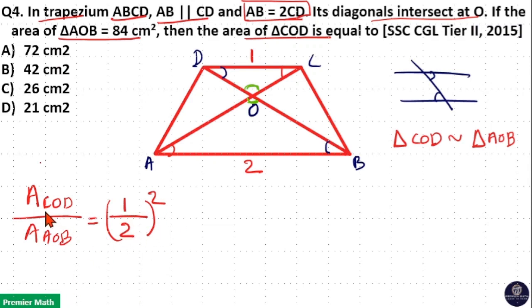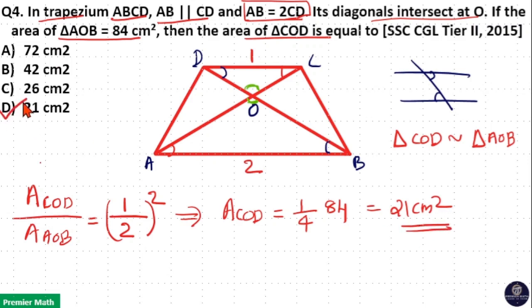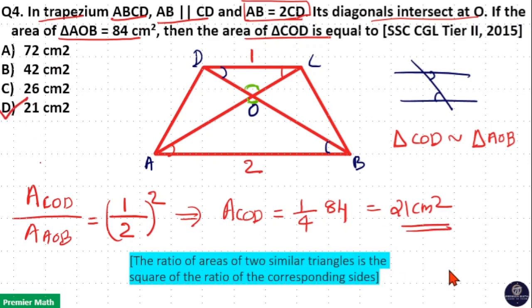Now area of triangle COD is equal to 1 by 4 of area of triangle AOB. Here area of triangle AOB is 84. So 1 by 4th of 84 is equal to 21 centimeter square. So option D is your answer. This is the rule.